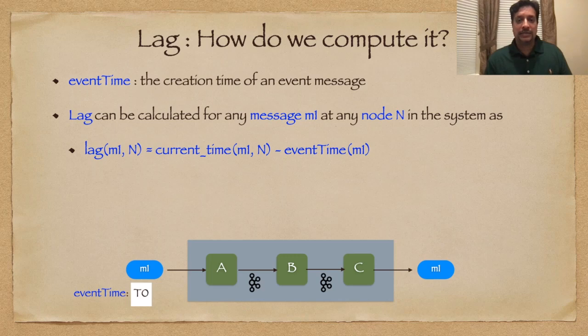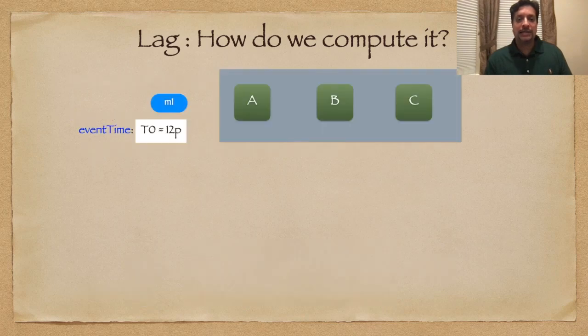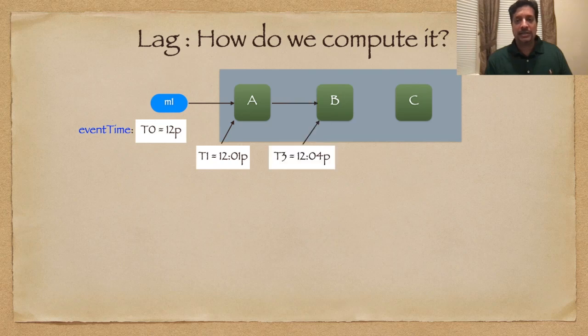Let's look at a real example. Let's say we have a message created at noon. That message arrives at our system at node A at 12:01 p.m. Node A processes the message and sends it on to node B. The message arrives at node B at 12:04 p.m. B processes the message and sends it on to C, which receives it at 12:10 p.m. In turn, C processes the message and sends it on its way.